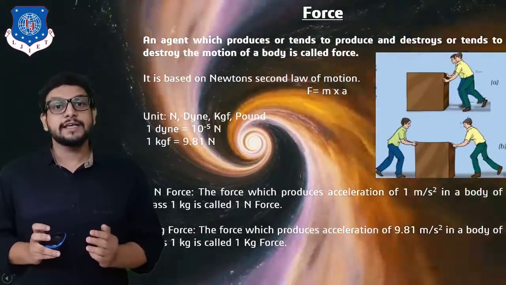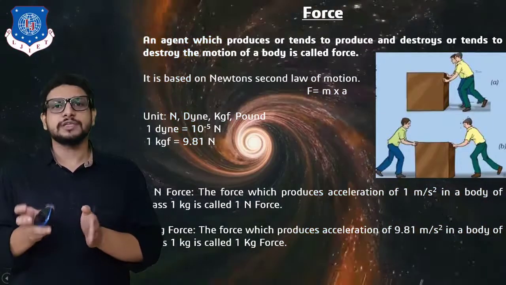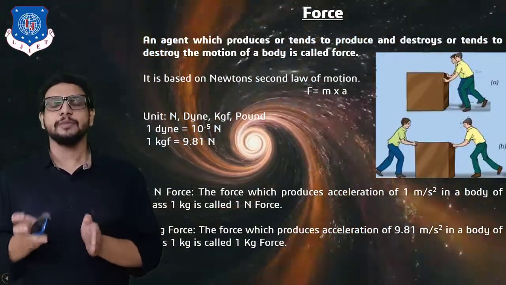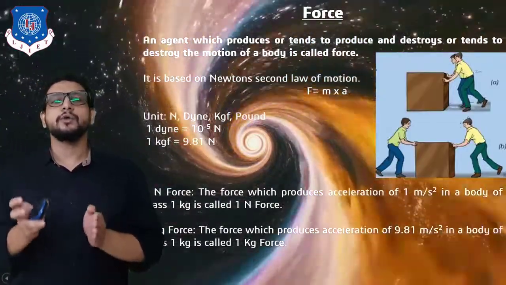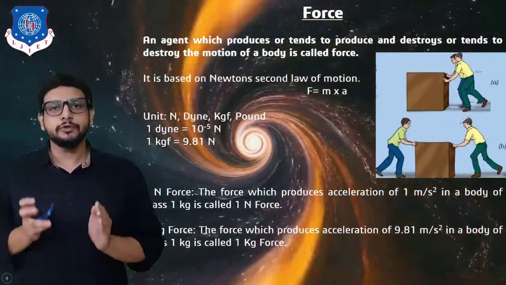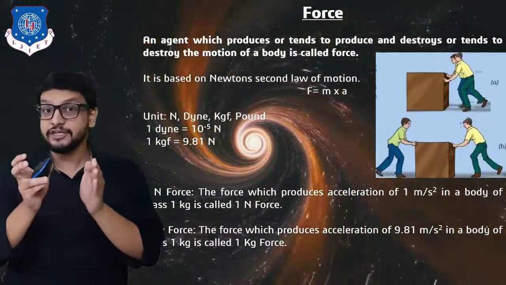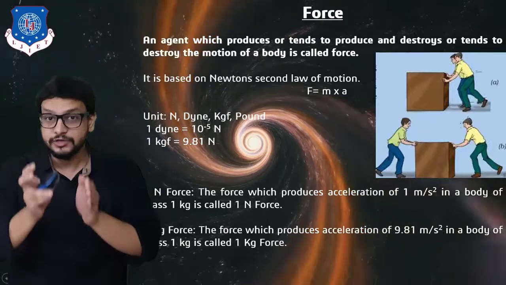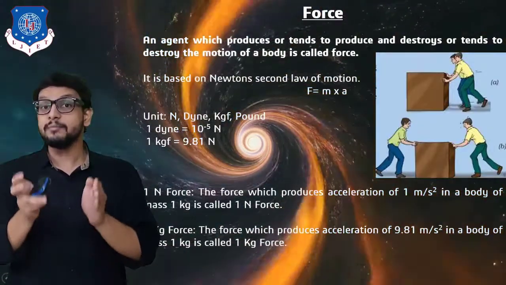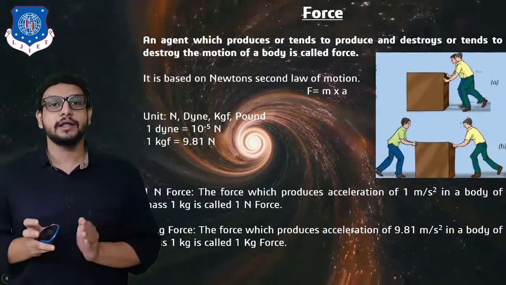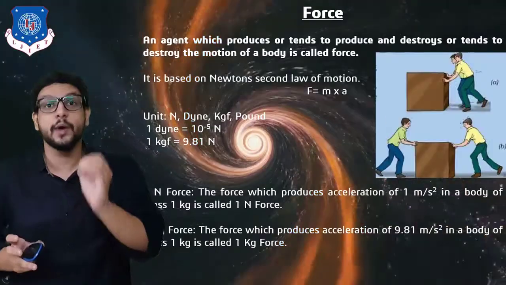Now the next two terms related to force are 1 Newton force and 1 kg force. The first question is, what is 1 Newton force? We would say that it is the force which produces an acceleration of 1 meter per second square in a body of mass 1 kg.